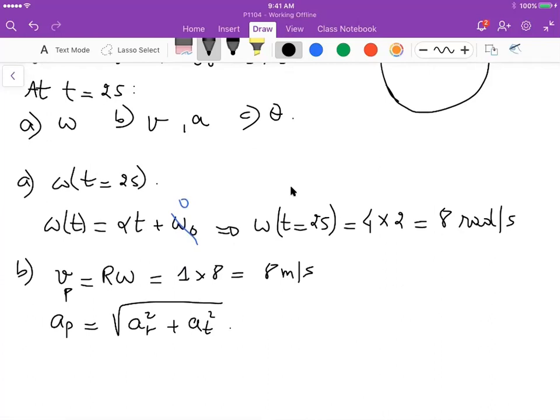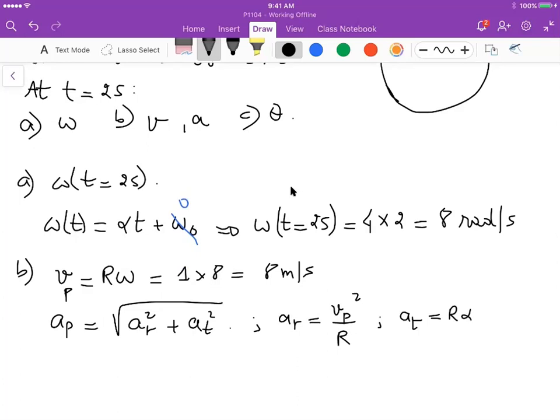We know, as we all know from the previous chapters, that AR is equal to VP squared divided by the radius. This is the same as the centripetal acceleration. And we know that the tangential acceleration is related to the angular acceleration with the expression R times alpha.